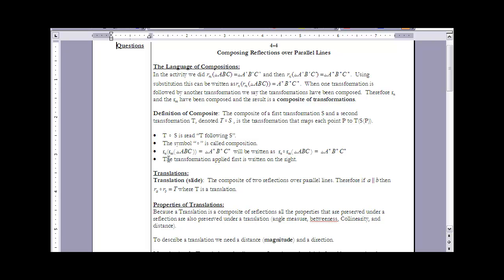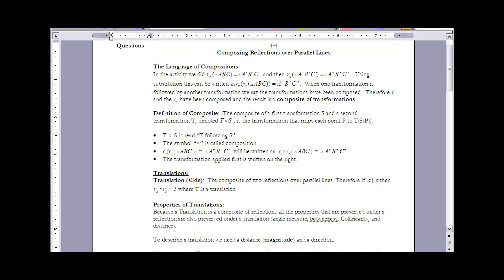If you think about how we write this, we have another way of writing it using the composition symbol: the reflection over N following the reflection over M of triangle ABC is triangle A double prime, B double prime, C double prime. These two statements mean the exact same thing.